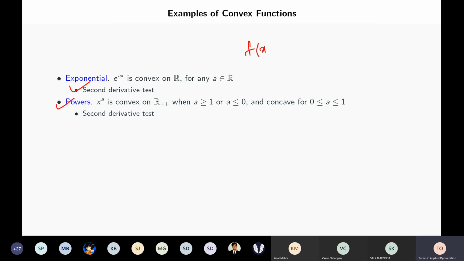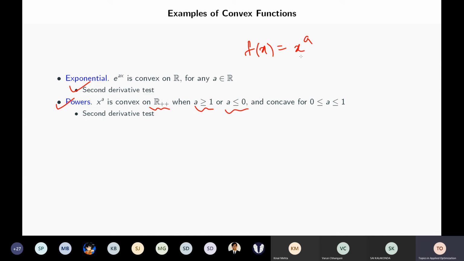Similarly, you can do this for the power function. Now f(x) is x to the a, and here it is convex, but there are conditions. It is convex on R plus plus, which is always positive numbers, even excluding 0. So this is convex when you have the domain defined like this, and a also has some restriction like this.